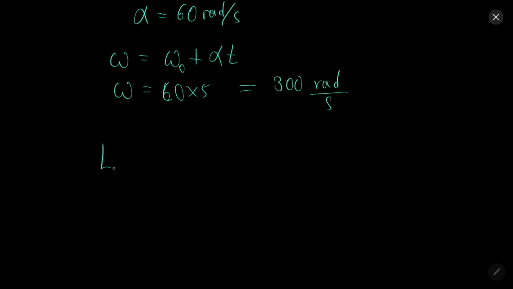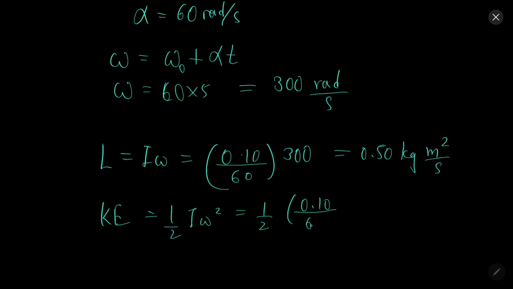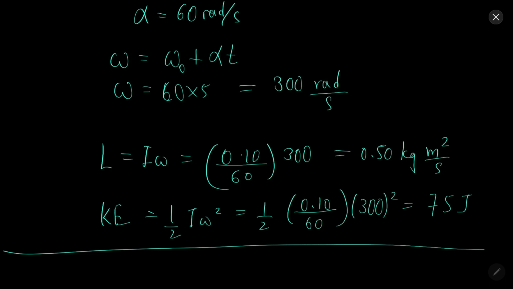So angular momentum I omega is 0.1 by 60 into 300, 0.50 kilogram meter square per second, and kinetic energy equals half I omega square, half into 0.1 by 60 into 300 square, which will give us 75 joules.